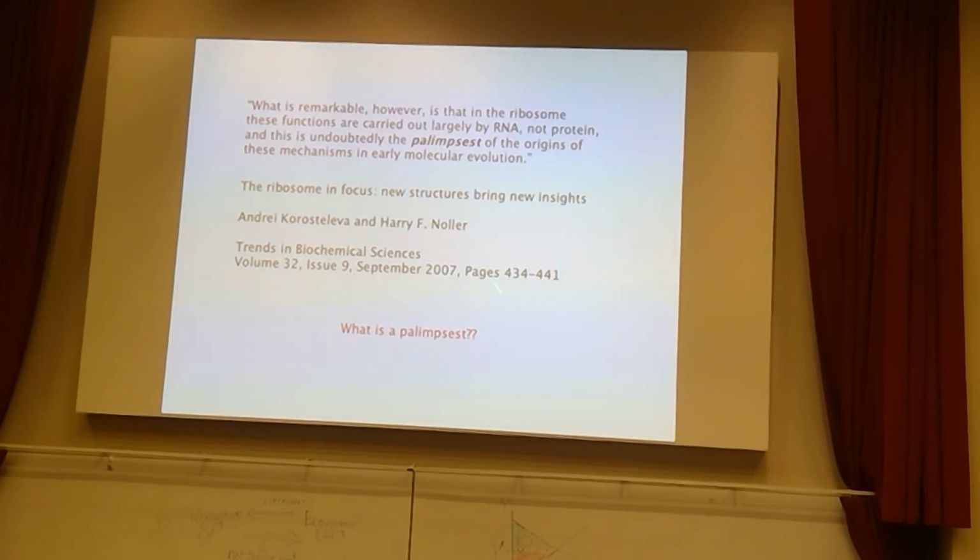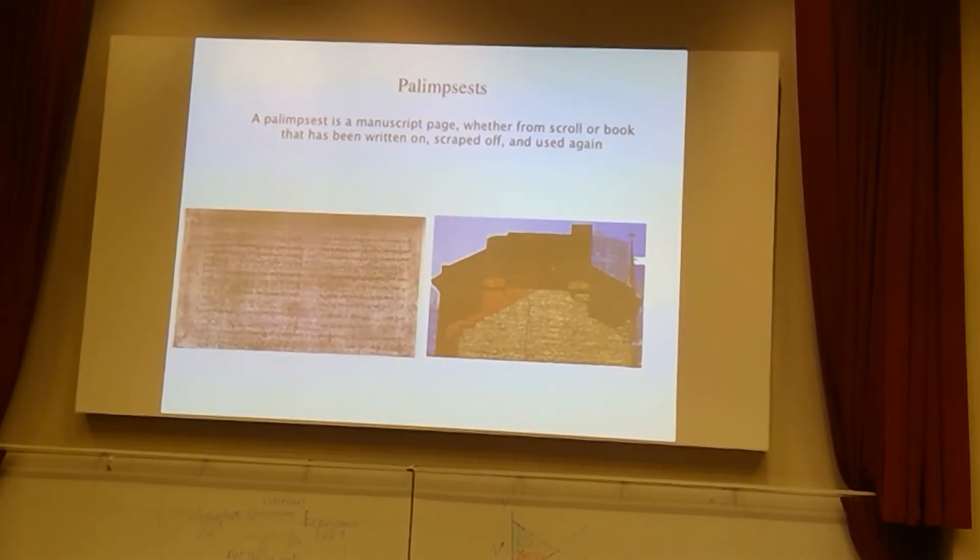And a lot of people, such as Harry Noller, think that this is telling us that RNA was the initial catalytic entity before proteins in the form of enzymes took over that role. Interesting concept.